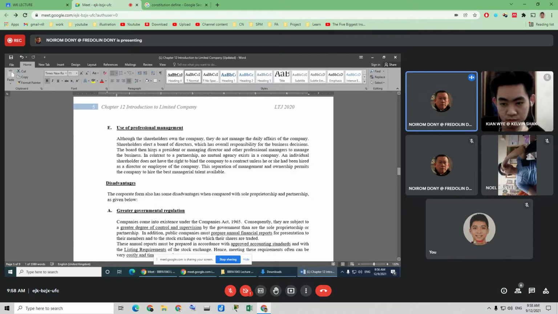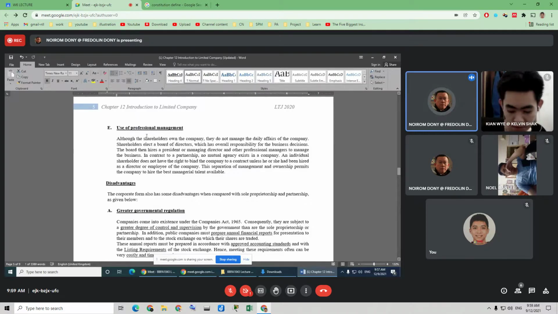The board then hires a president or managing director and other professional managers to manage the business. In contrast to a partnership, no mutual agency exists in a company. An individual shareholder does not have the right to bind the company to a contract unless he or she has been hired as a director or employee of the company.